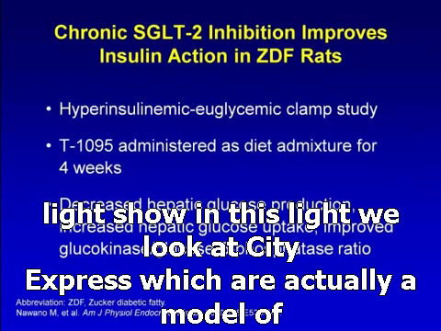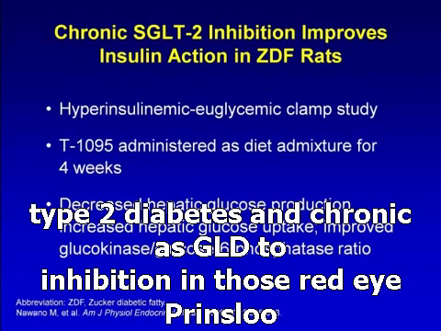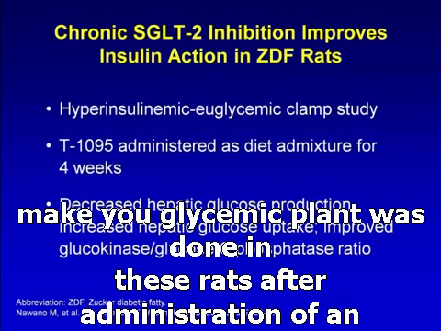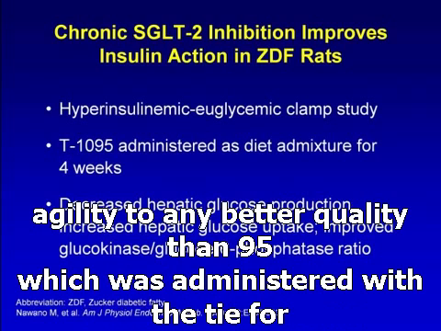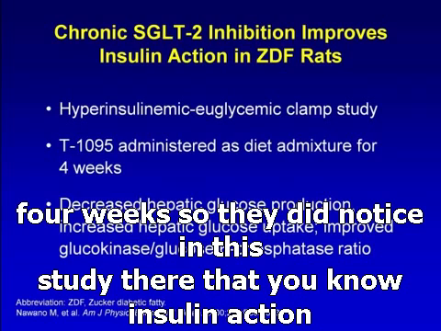In this slide, we're going to look at ZDF rats, which are actually a model of type 2 diabetes, and chronic SGLT2 inhibition in those rats. A hyperinsulinemic euglycemic clamp was done in these rats after administration of an SGLT2 inhibitor called T1095, which was administered with the diet for 4 weeks.